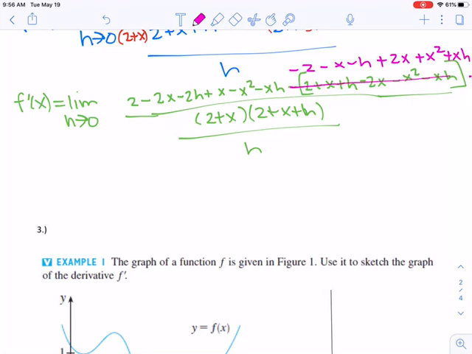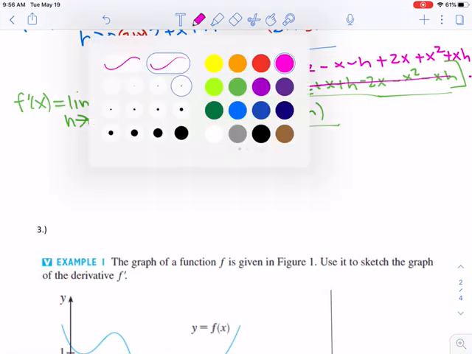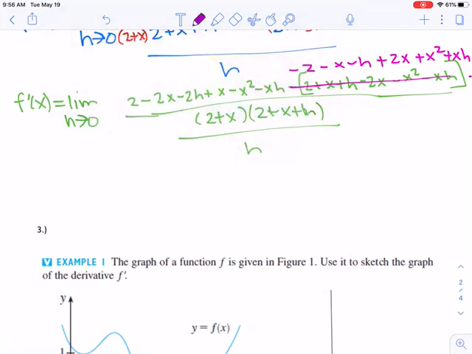So now I can take a look and see what can cancel out. So I've got that my derivative is equal to the limit as h approaches 0 of, well, my 2's are going to cancel. My negative 2x cancels with my positive 2x. My x's are going to cancel. My x squareds are going to cancel.